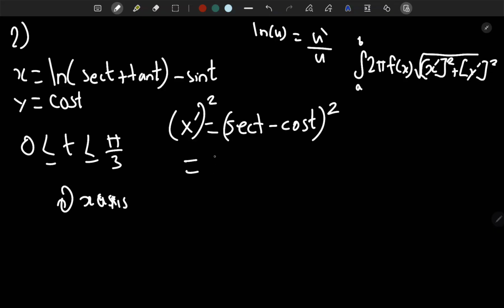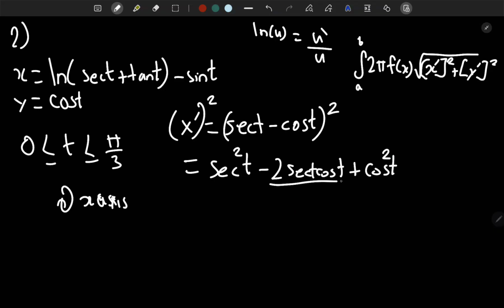This is going to be equal to a squared, which is secant squared, minus 2ab, so minus 2 secant cosine t, plus cosine squared t. Now one thing here again you can notice is that we have 2 secant multiplied by cosine. What is secant?